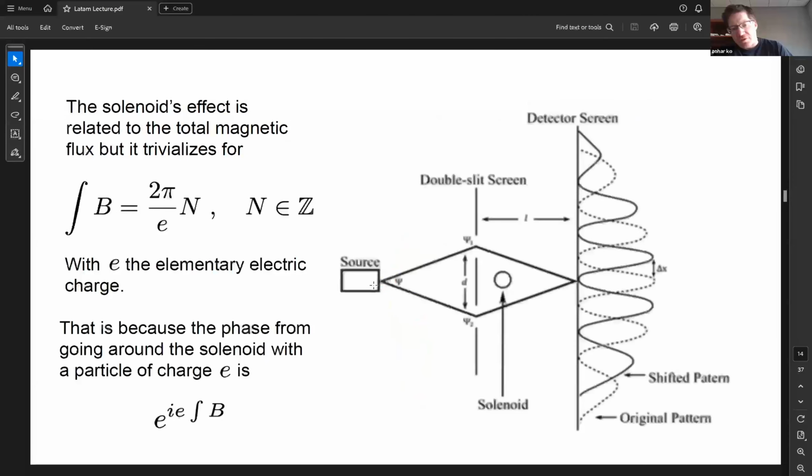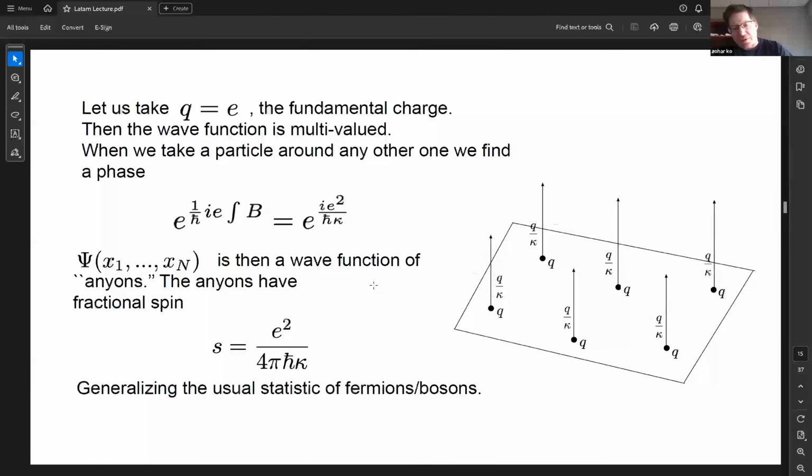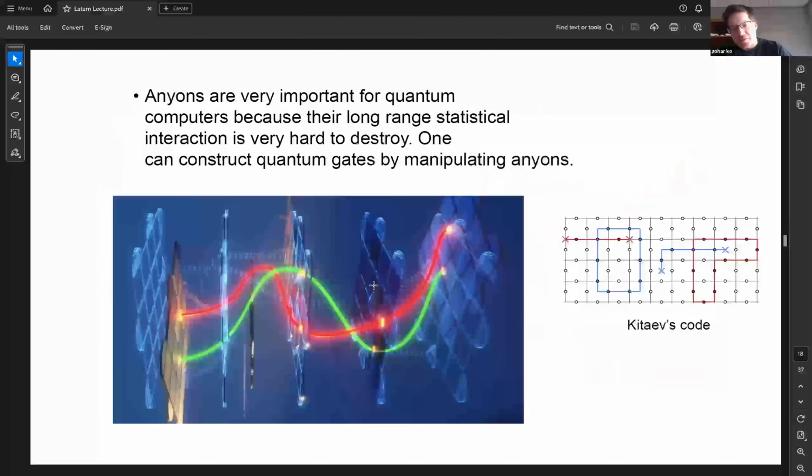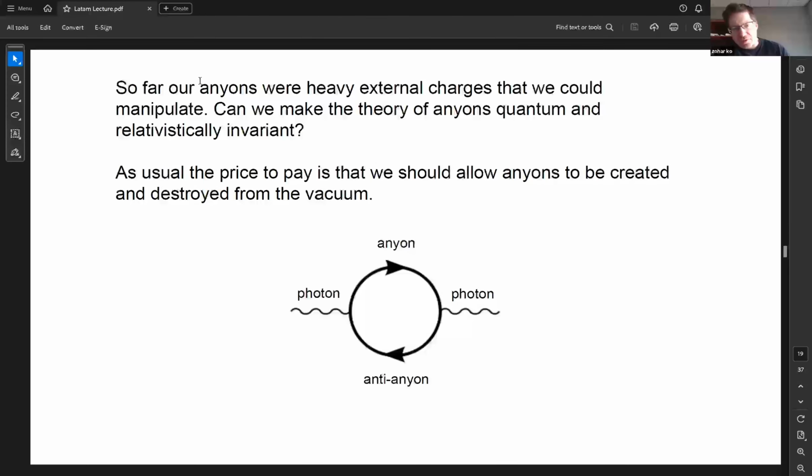Now, the question is whether the sources can be made relativistically invariant. And the answer is, well, yes, that's what I'm going to explain. The sources can be made relativistically invariant. So we can create the anyons and anti-anyons from the vacuum. And we will couple the sources to the Chern-Simons Maxwell gauge field like A dot J, like we always do. So I hope this addresses the first question, that it is possible.